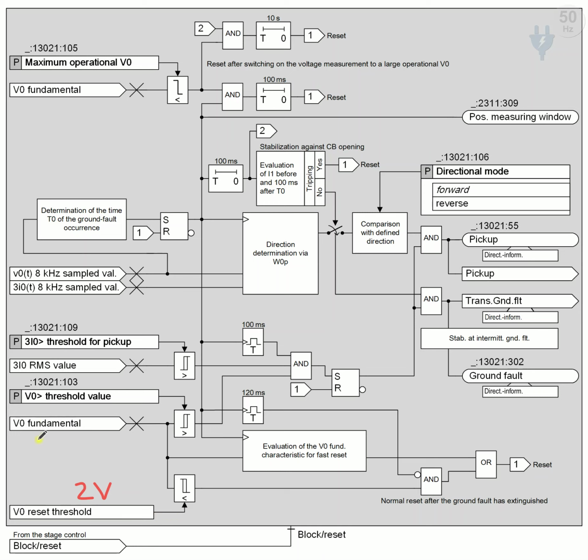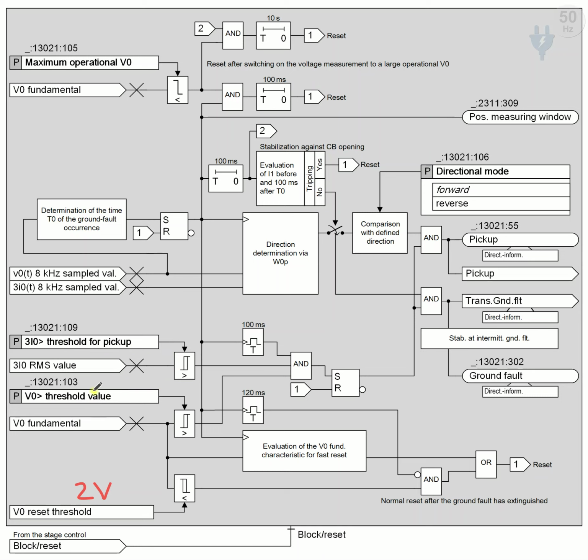When the zero sequence voltage drops below 2 volt, one reset signal will be generated, as we discussed in the 5th session of directional transient ground fault sessions. Then the reset signal will reset all the SR latches that are in our logic.